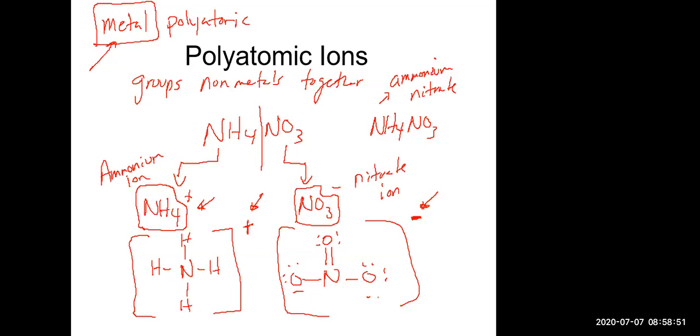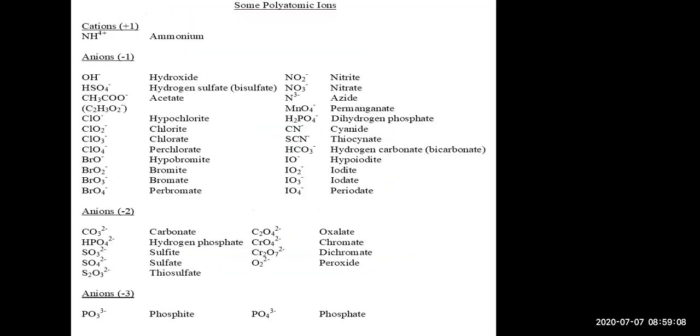And again, you just use the whole name of the polyatomic ion. So in most cases, probably 9 times out of 10, your polyatomic ion is going to be hooked up with a metal. And basically you follow the same type 1, type 2 rules when you go to name these guys. So here's a list of some of those polyatomic ions.